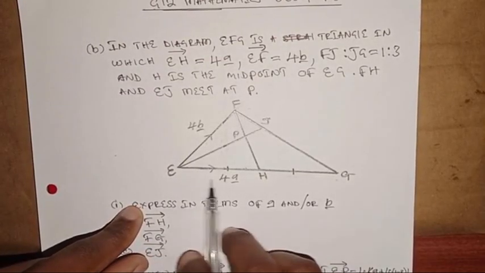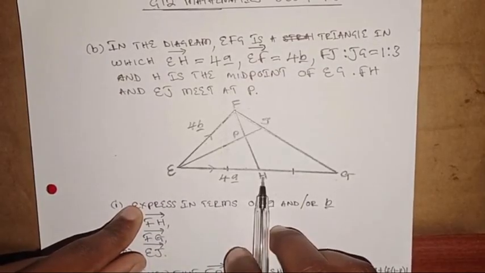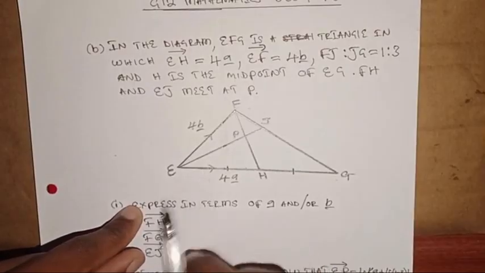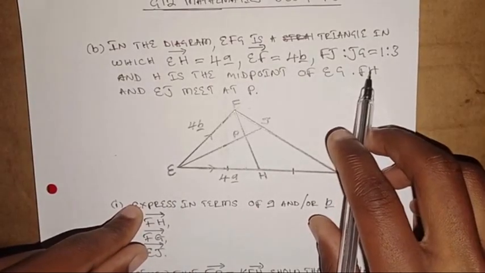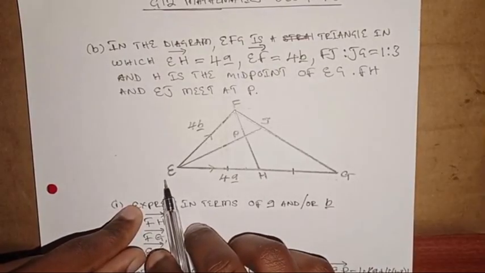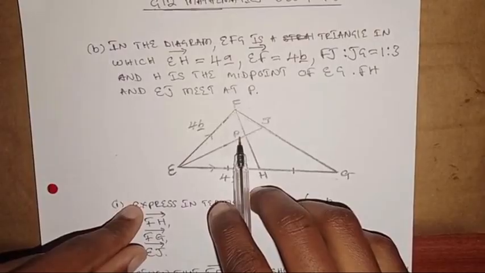So which means that this length equals this length here. So EH and HG are the same length. They have the same length. So FH and EJ meet at P. So that's what they mean.